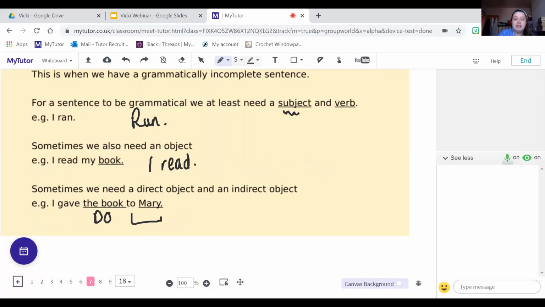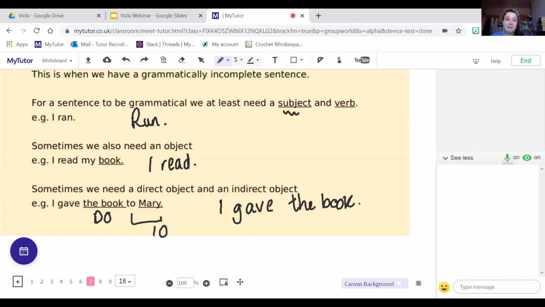So this is the direct object, so the thing that we're actually giving. And then we've got the indirect object here, Mary, we're giving it to Mary. So she is the person who is receiving the book. So if we just said, I gave, or I gave the book, that would be a minor sentence because we're missing the indirect object.